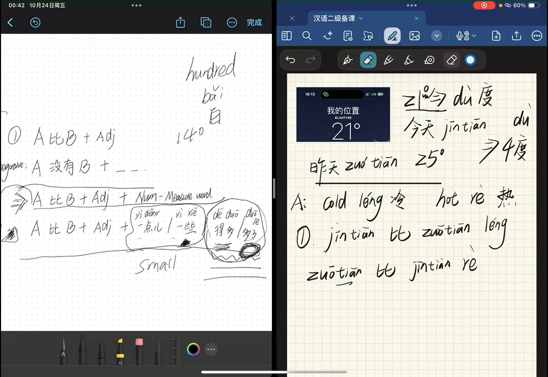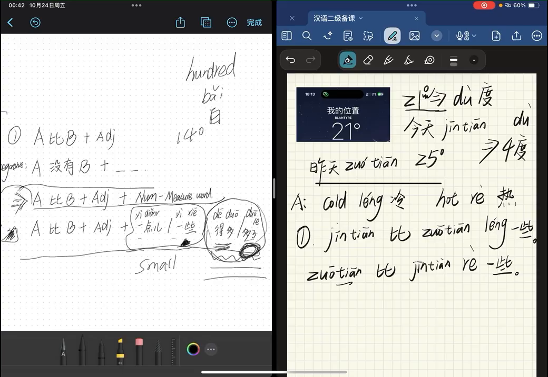Now let's make the sentence. 今天比昨天冷一些. And 昨天比今天热一些.